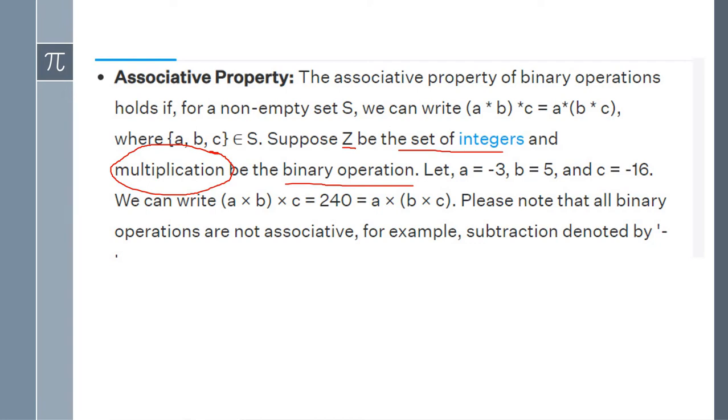So, inigwrite na to ana, -3 times 5 times -16.